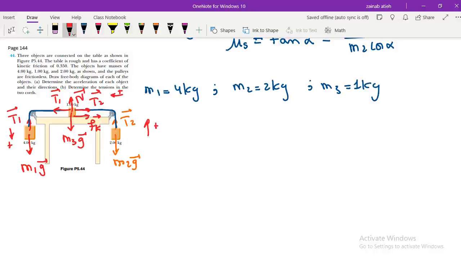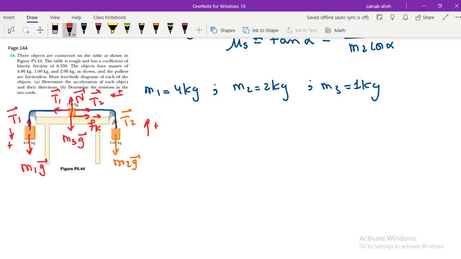Now, after drawing the free body diagram, I will find the acceleration of each object and the direction as well. How do I find the acceleration? As we learned, apply Newton's law to each one separately. This time there are tensions: I have two tensions, T1 and T2, because I have two strings. So I try to merge all the equations together.